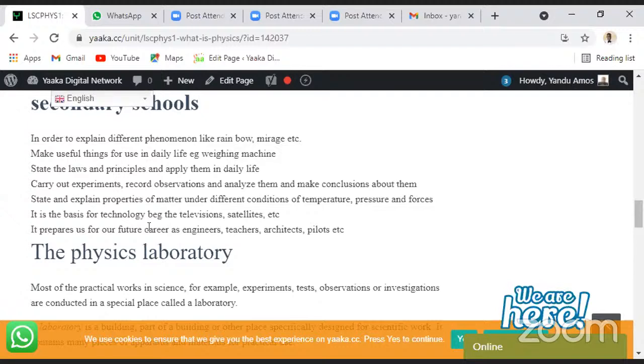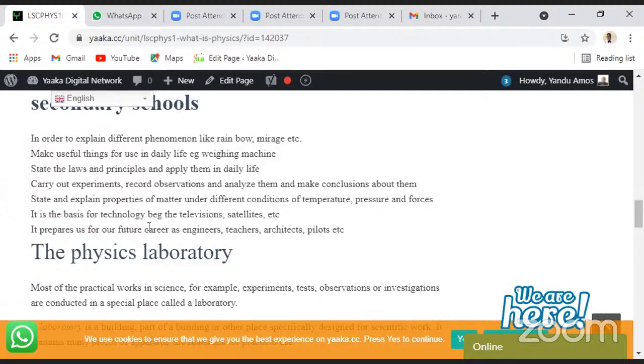We have teachers, someone like me now. I'm teaching physics because I did study it. Without that knowledge, I might not be here doing this work. Architects, those who come with the plans for very nice buildings and constructions, the knowledge of physics is very important.